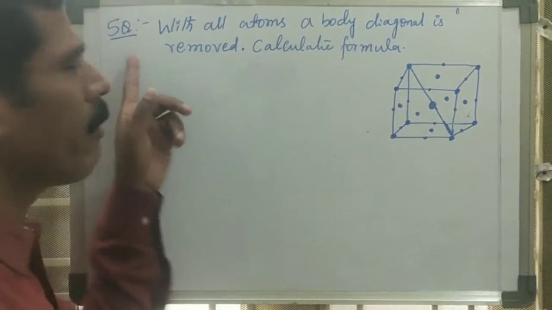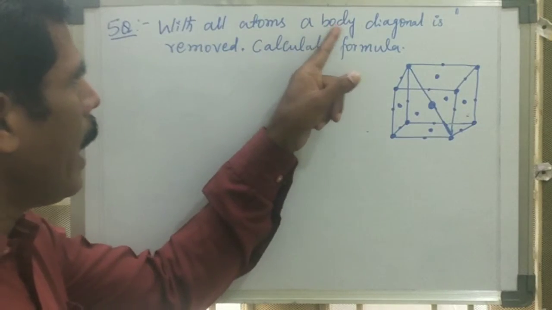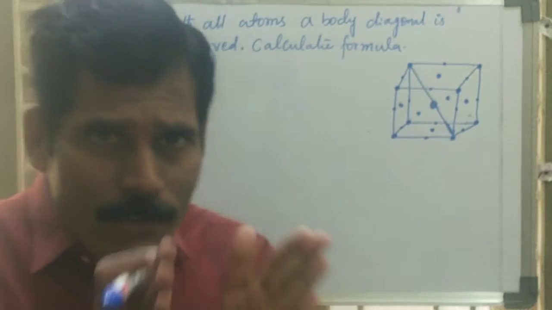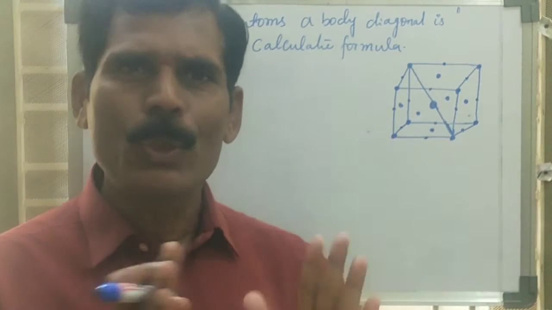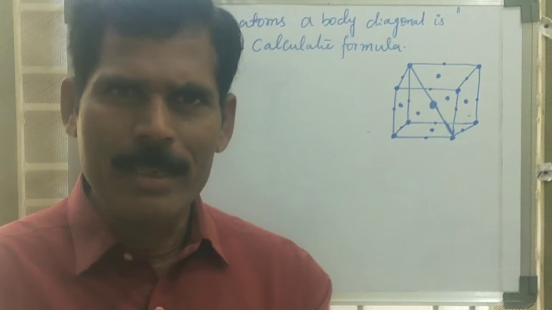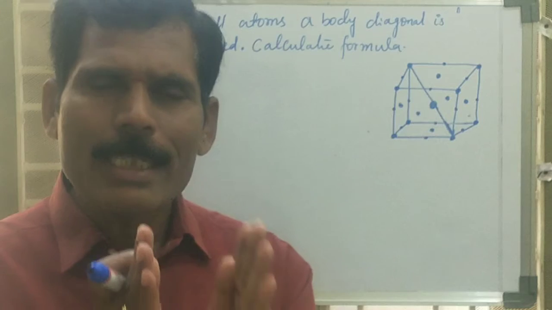Dear students, go for the fifth question. With all atoms, a body diagonal is removed. Body diagonal means half of the body is removed. Totally 12 edges are there, 8 corners, and 6 faces.